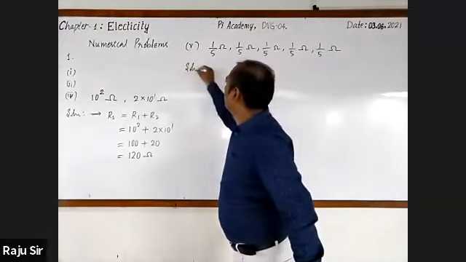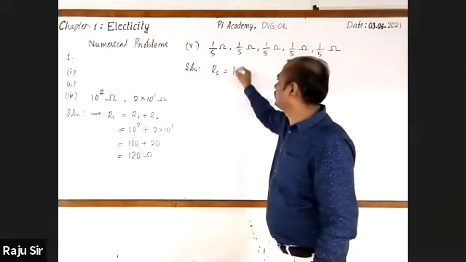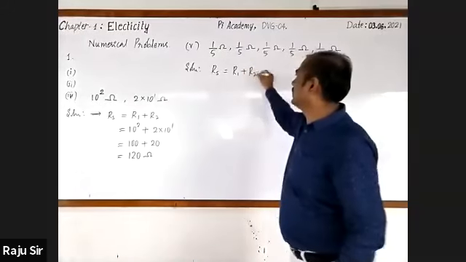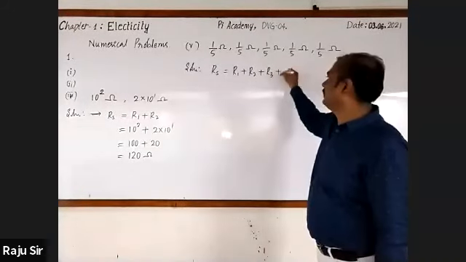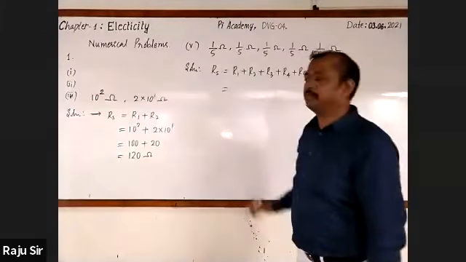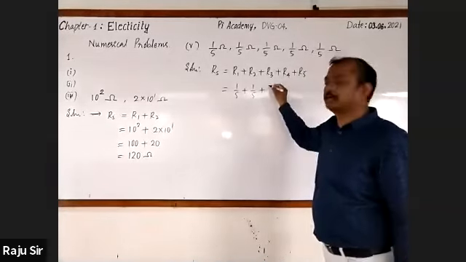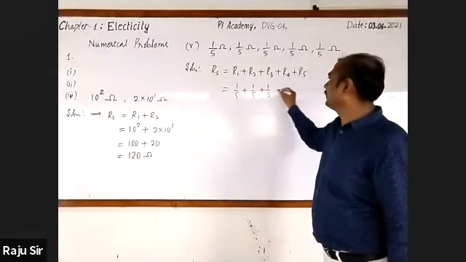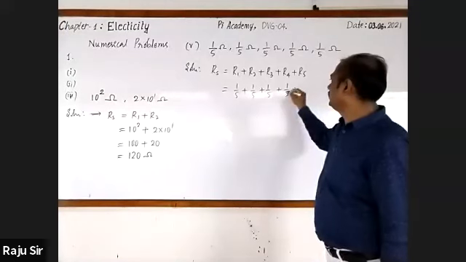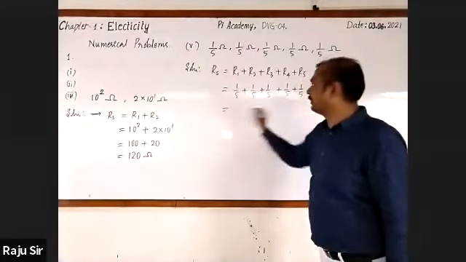As there are 5 resistors, I write Rs is equal to R1 plus R2 plus R3 plus R4 plus R5. This is equal to 1 by 5 plus 1 by 5. The resistance of the third resistor is 1 by 5. Fourth one is also the same. Even the fifth one as well. There are 5 times 1 by 5.